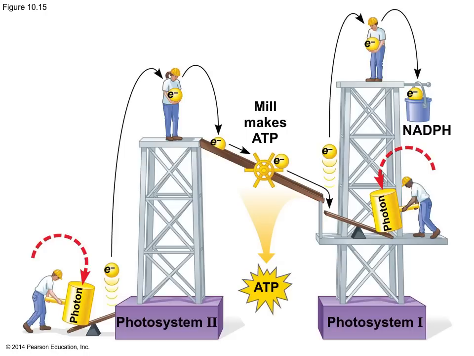And then once again, the photons from photosystem 1 energize electrons, and so you see the electrons jump back up, and then those electrons are used to make NADPH.